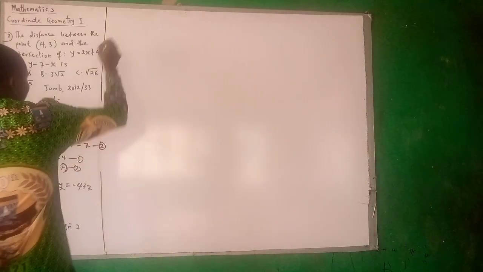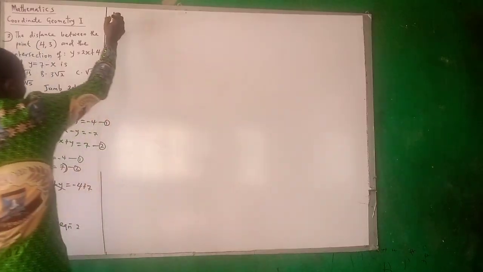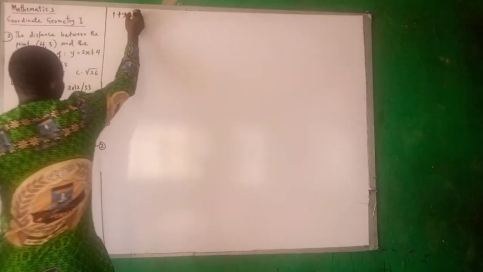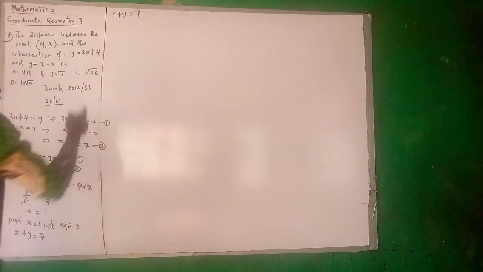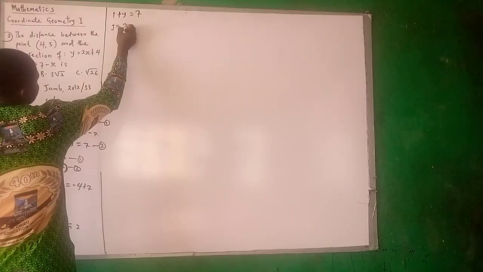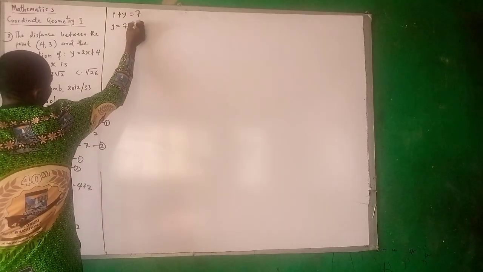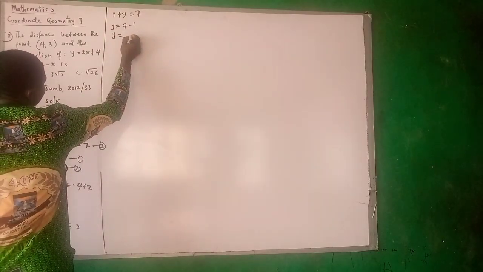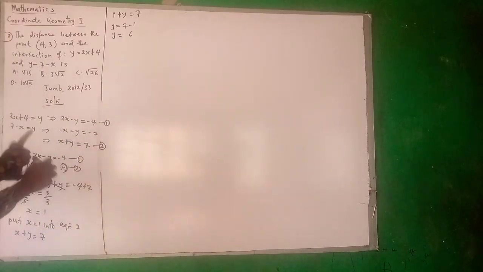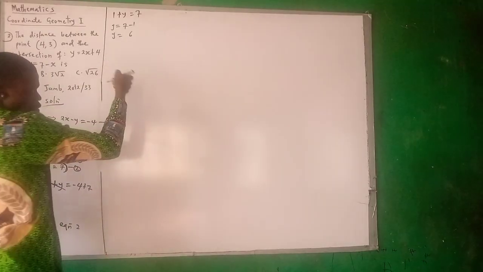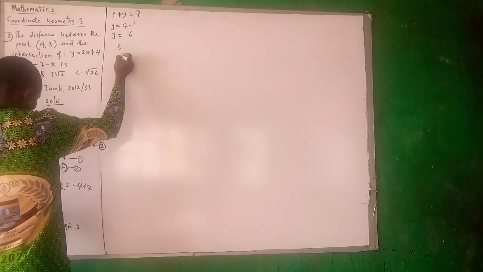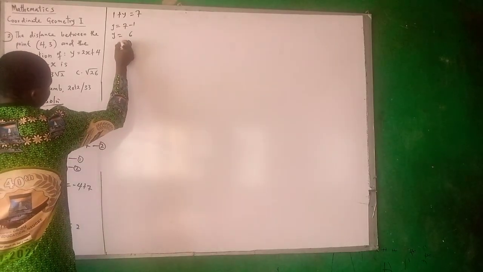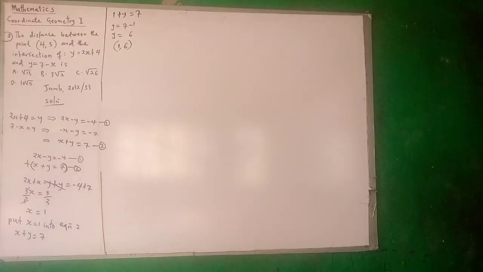So that should be 1 because I'm substituting, plus y equal to 7, right? Making y the subject of the formula, y becomes 7 minus 1, right? So y is equal to 6. Now the coordinate becomes x comma y, and x is 1, y is 6. So this is another coordinate.